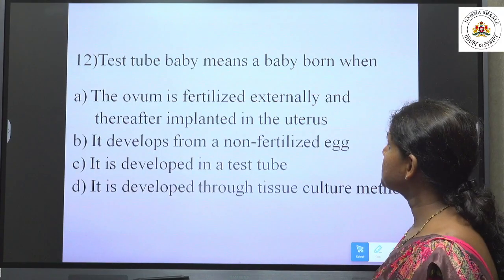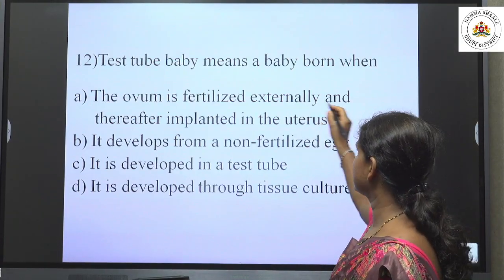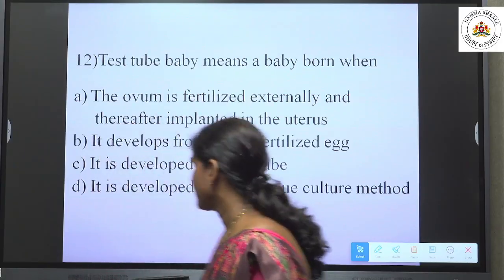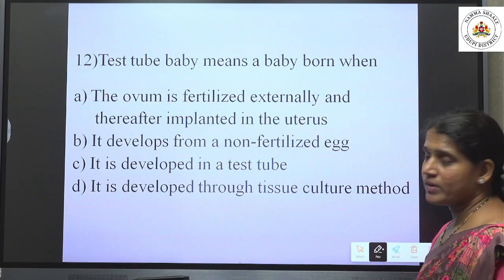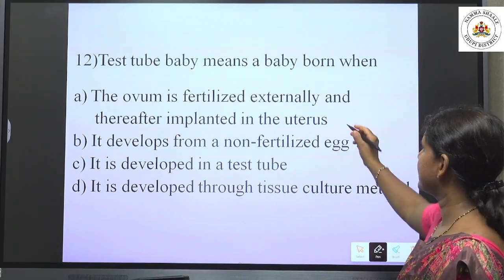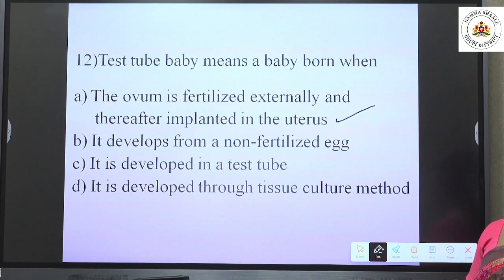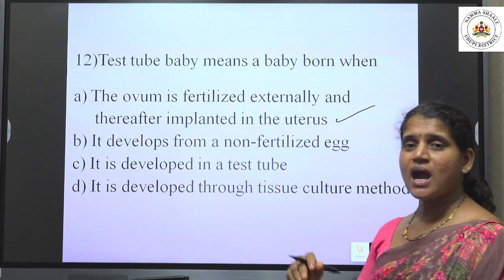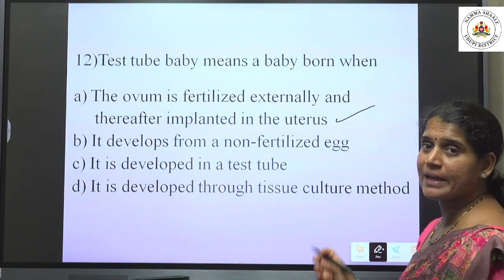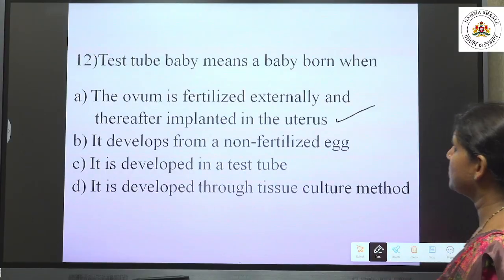So here a test tube baby means the ovum is fertilized externally and thereafter implanted in the uterus. The fertilization process mainly takes place outside the uterus, that is in a lab condition, where a suitable environment is provided by using nutrients.